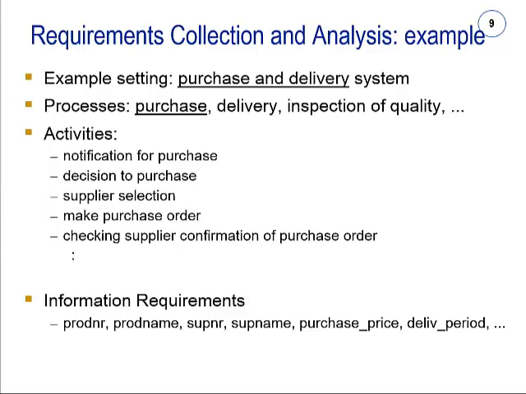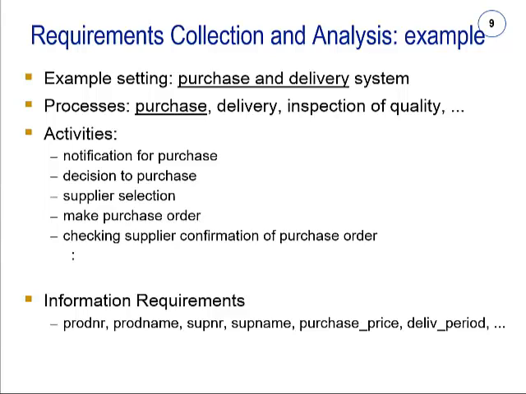Think of activities such as notification for purchase. If at some point the stock for a particular product drops below the safety stock, a notification for purchase should be generated. This can then be followed by a decision to purchase, which can then be followed by supplier selection, a purchase order that is being made, etc. So you can see that we have various activities, each with their own information needs.